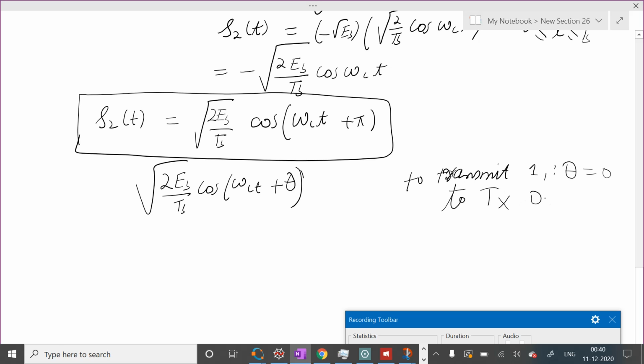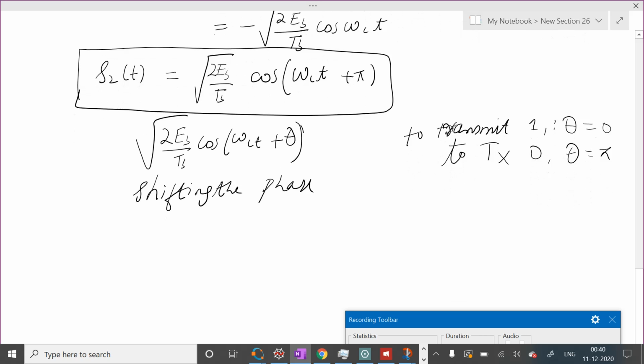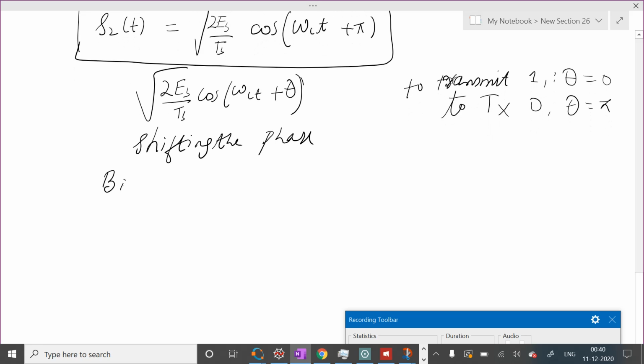To transmit 0, you select theta to be pi. So what you are able to do is transmit binary 1 or binary 0 by shifting the phase. Shifting the phase. So this particular modulation scheme is called binary phase shift keying, BPSK.